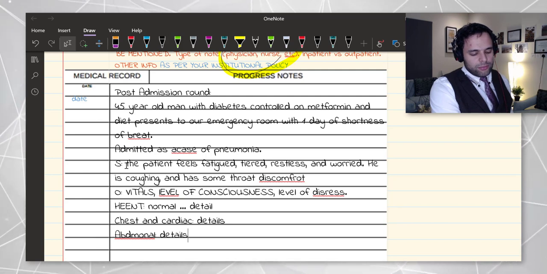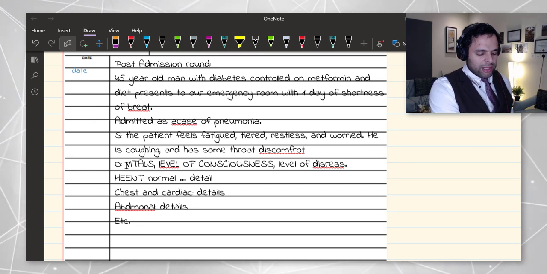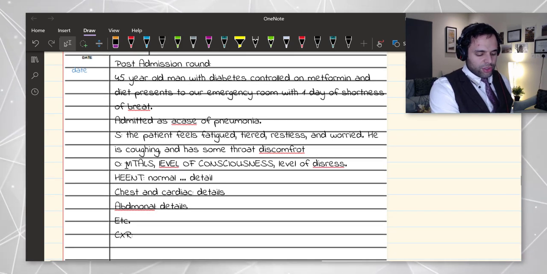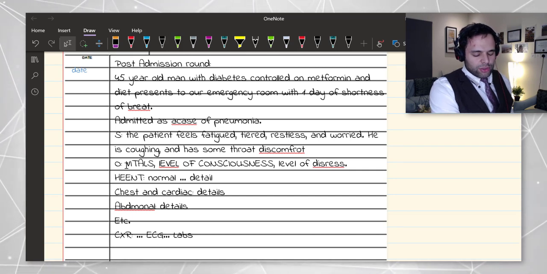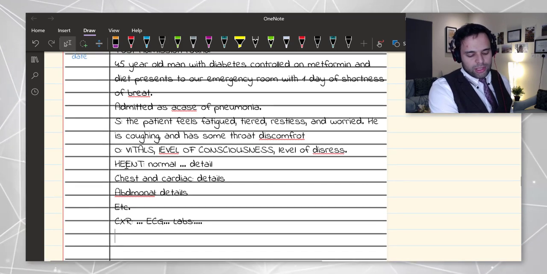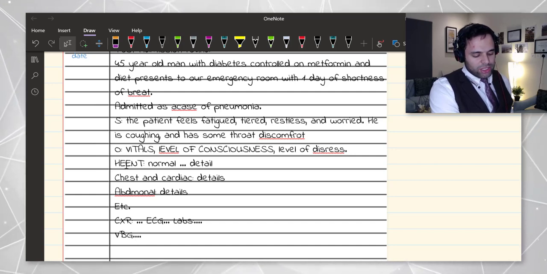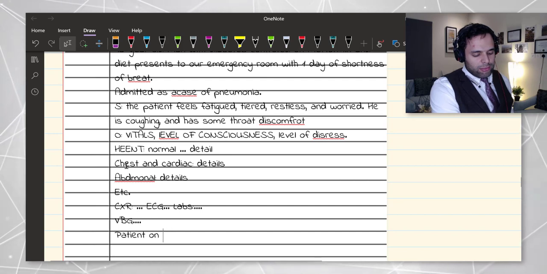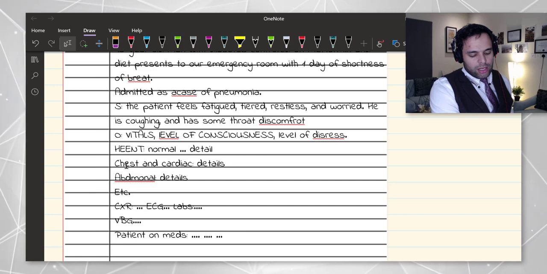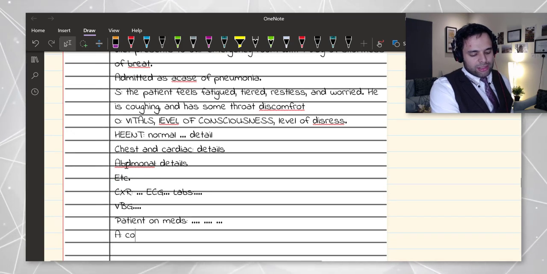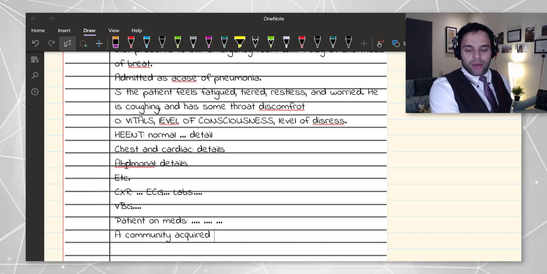And then, etc., you do the necessary, and then you can write a chest x-ray showed, an ECG showed, labs showed, and you write all of those objective data. We can also add things like the VBG, patient on meds, and I list the medications and dates that antibiotics started and so on. And then I write my assessment, community acquired pneumonia, because I'm sure I have diagnosed, I'm not working on it.